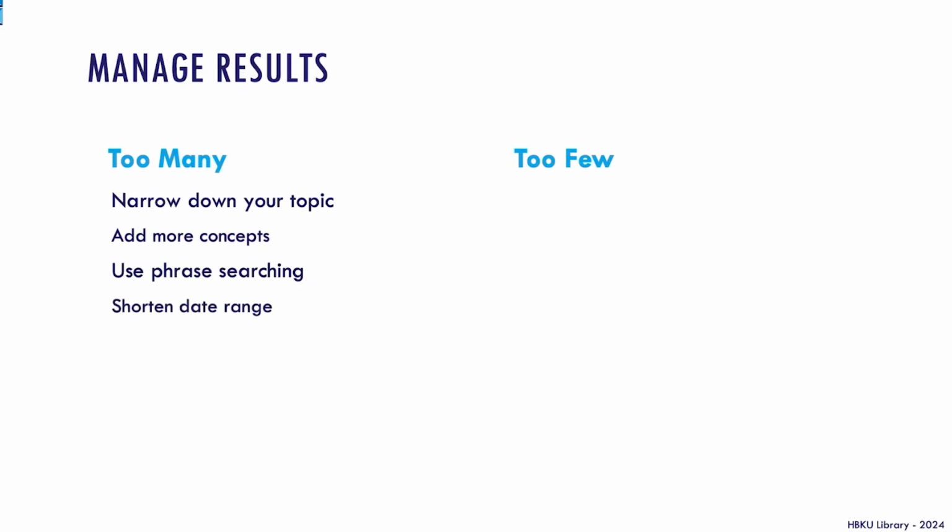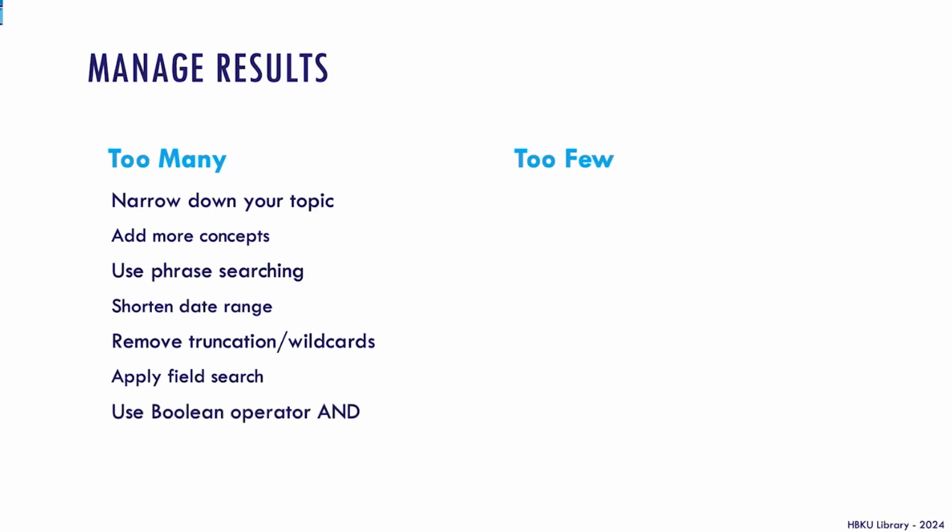You can also shorten the date range. The date range is also a factor that helps you minimize or increase the number of results. You can remove truncation if it is used, or wildcard if it's used. This way also the words will be less. And apply field search, which could also limit to searching within a certain field, and eventually use the Boolean operator AND.